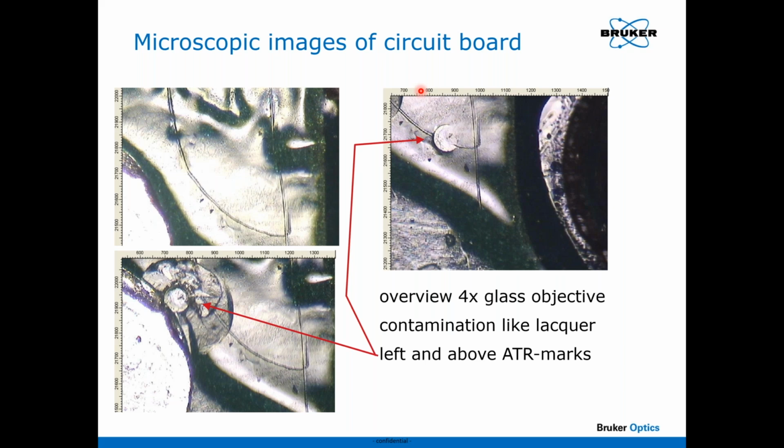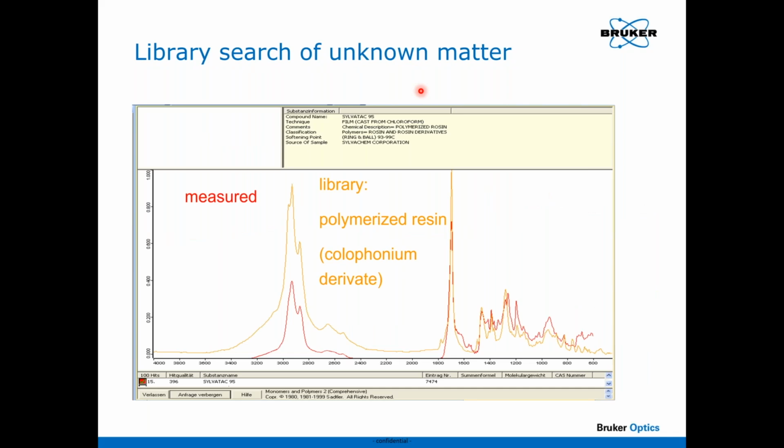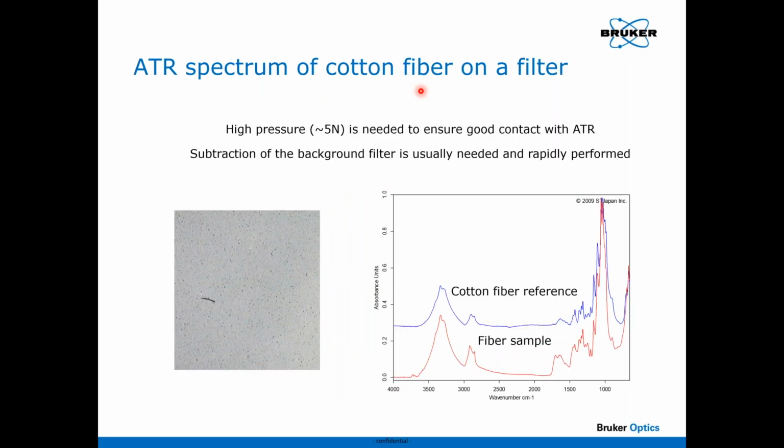So if I end up in a court of law, and I have testified in those circumstances in the past, I can show without question where the analysis was done. And then this is the circuit board, the unknown matter, and the green area that was the normal area. And then I just hit the library search, and I have a polymerized resin there that wasn't really supposed to be there.